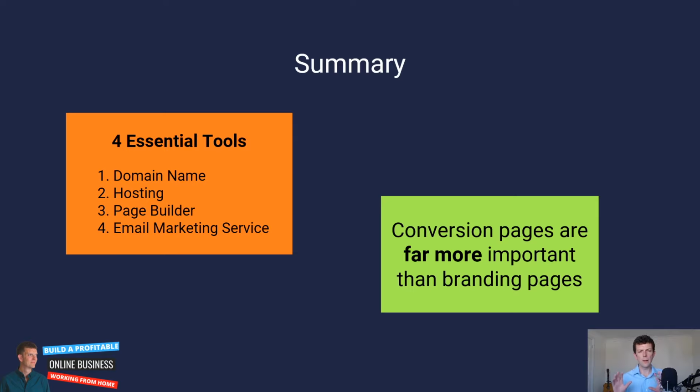If anyone's on here and you specialize in branding, because branding is a really profitable market and a great market to be in, or building these kind of branded websites, that's terrific. I'm not doing this down at all, but I'm just saying in order of priority, the conversion pages, that's where the rubber really hits the road in terms of building your list and making you money by selling products. That's all I'm saying.